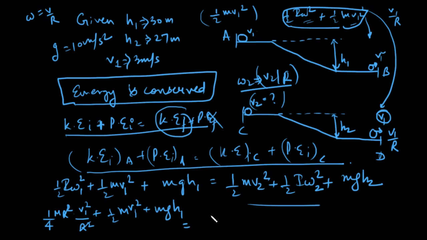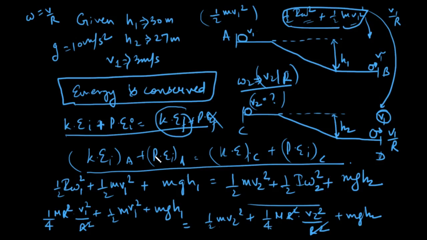This would be equal to half m v2 square plus 1 by 4 m r square times v2 square by r square. This would not be v1, because here velocity is v2 initially. Finally the velocity is v1, plus m g h2. So this gives 1 by 2 plus 1 by 4, which will give us 3 by 4, and here also this will give us 3 by 4.